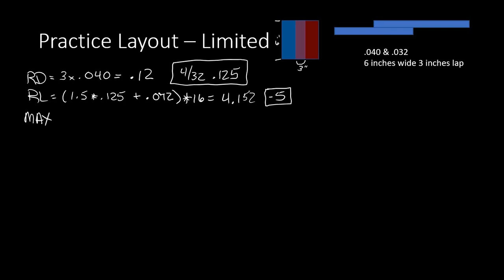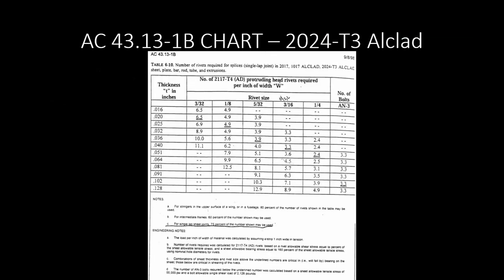So now we're going to do our max, min, and layout. For my max, we're going to go back to that chart. Remember, we have 40 thousandths as our thickest, and we're using a 4/32 rivet. So I've got my 40. I go to 1/8 because that's 4/32.